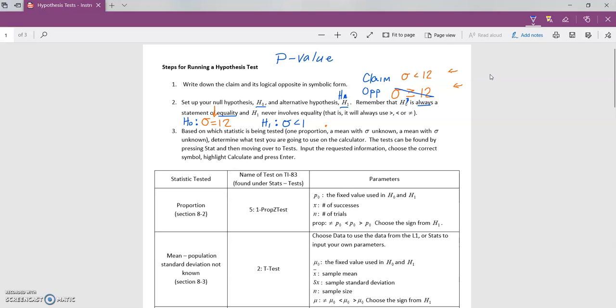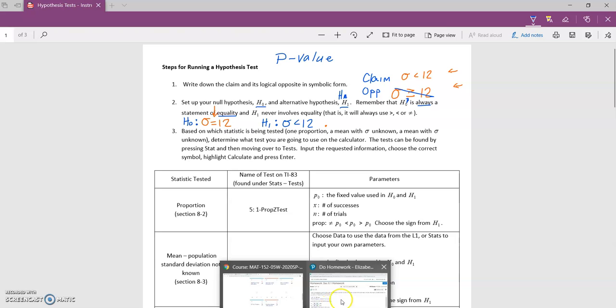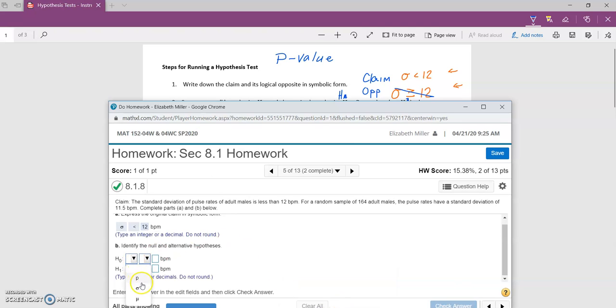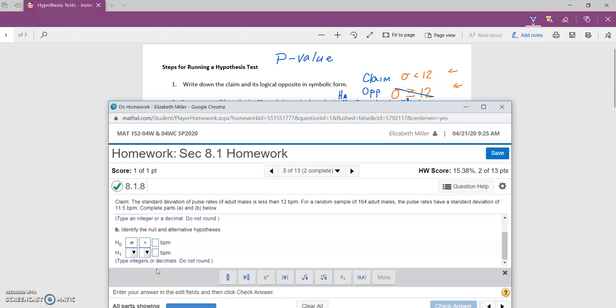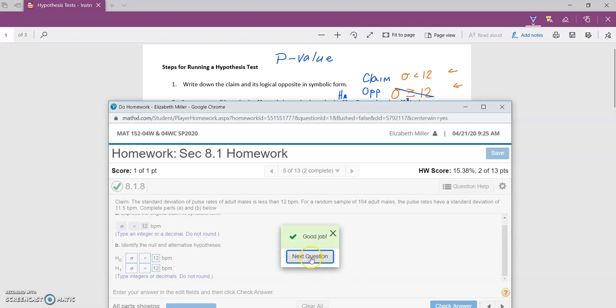In this case, the alternative is that the standard deviation is less than 12. So here the null is that the standard deviation equals 12, the null hypothesis is always equals, and the alternative is that it is less than 12. In this case, the alternative matched the claim. In the other problem, the alternative matched the opposite of the claim. It just depends on the problem.